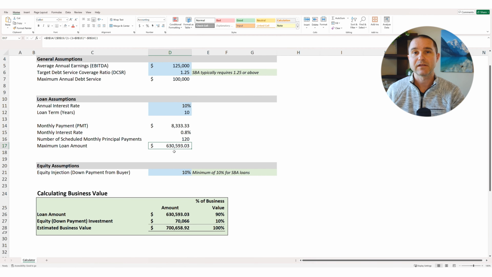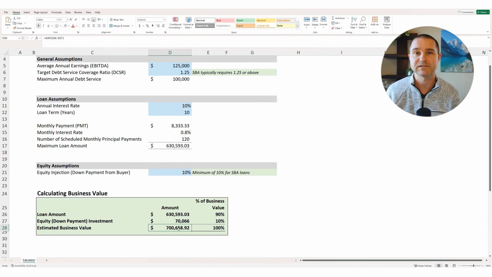Now that does not mean that the valuation or the price of the business needs to be $630,000, because the SBA loan is probably going to represent 90% of the acquisition. Typically, the buyer is going to need to put in 10% as a down payment. So if we assume 10% is an equity down payment and we can have an SBA loan for $630,000, that means the estimated business value is $700,000, right? And that's the maximum, right?